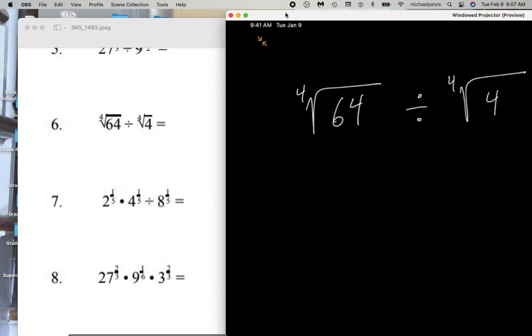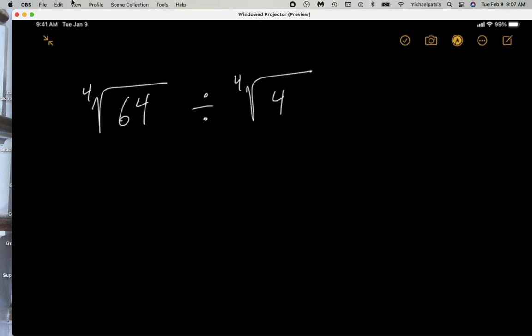Okay, this is the same as, is there anything we can multiply by itself 4 times to get 64? Turns out there isn't. Okay, 4 might come to mind. Doesn't work. Okay, so we have to be a little more creative here.